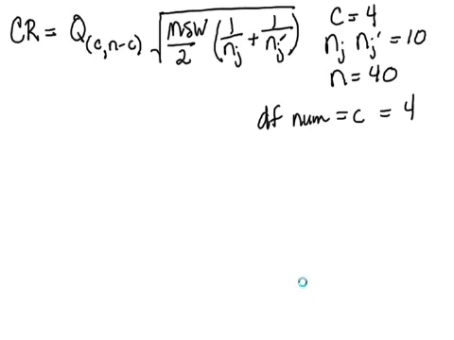So C, which equals 4, a little bit different than the F degrees of freedom from the ANOVA problem. The denominator degrees of freedom is equal to N minus C, or 40 minus 4 equals 36.